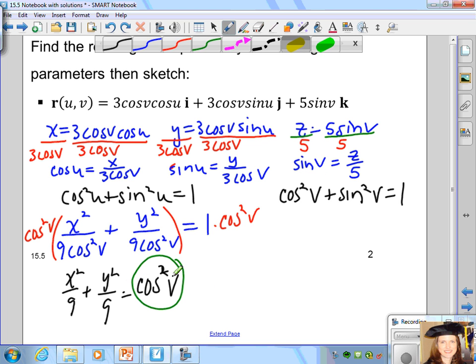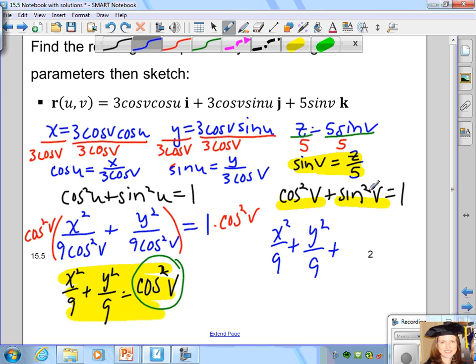So using now this equation and this, we're going to substitute it into this equation. That is going to give us cosine squared v. We've solved for cosine squared v over here. That's going to be x squared over 9 plus y squared over 9 plus sine squared v.